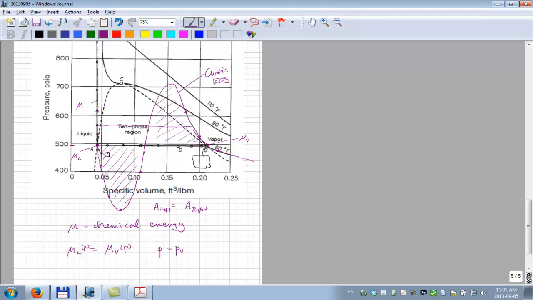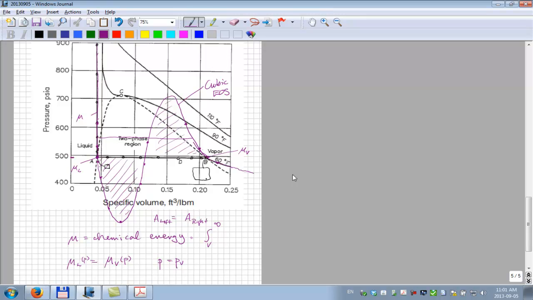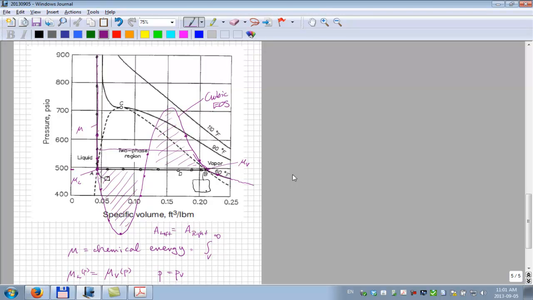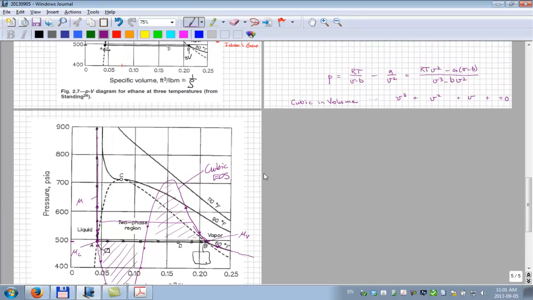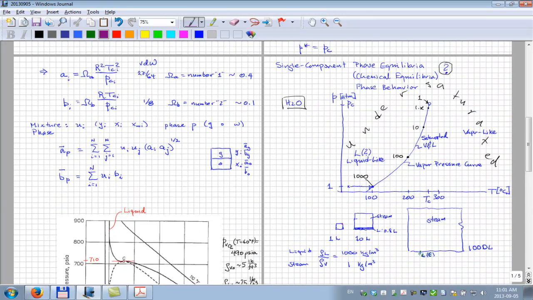So that's another way, a graphical way, instead of doing that integration from V to infinity, you throw away everything else between the left and right. So the equation of state, together with this formal definition of chemical energy that Gibbs gave us, and doing the integration, we can actually find where the equation of state predicts this line to go.